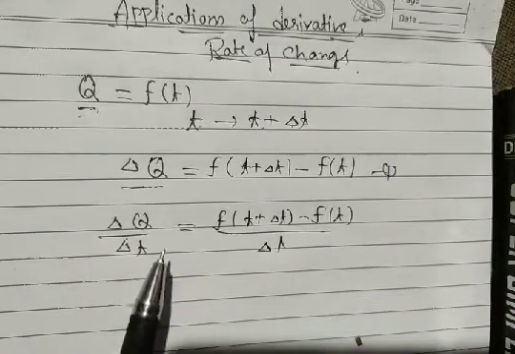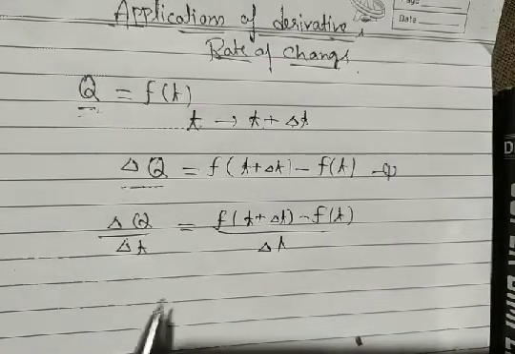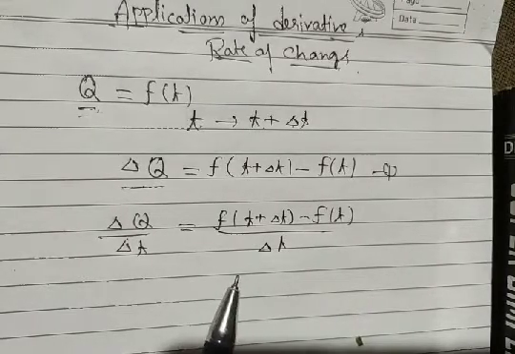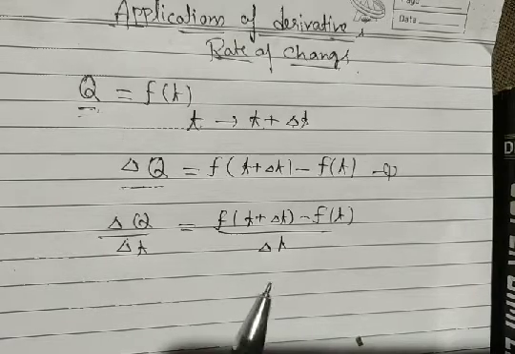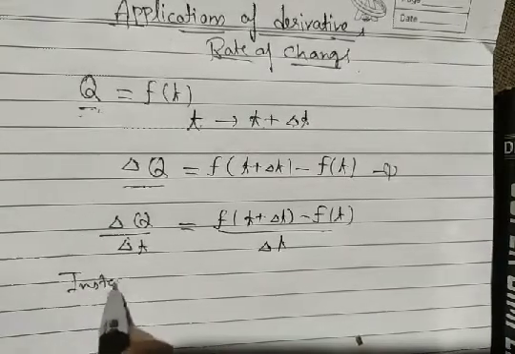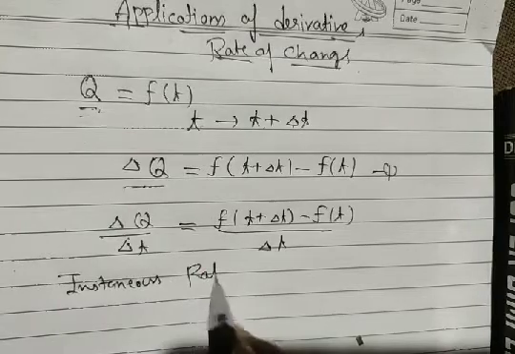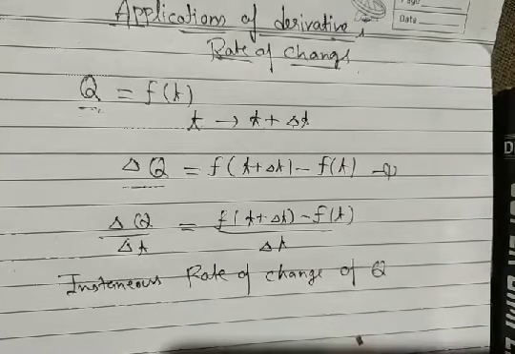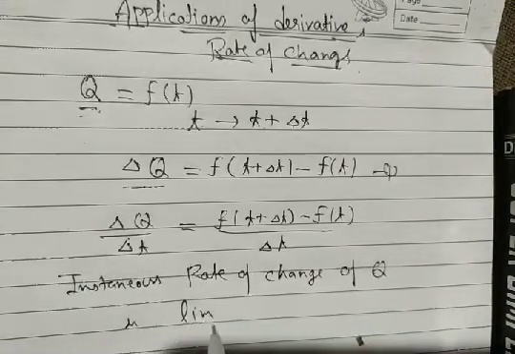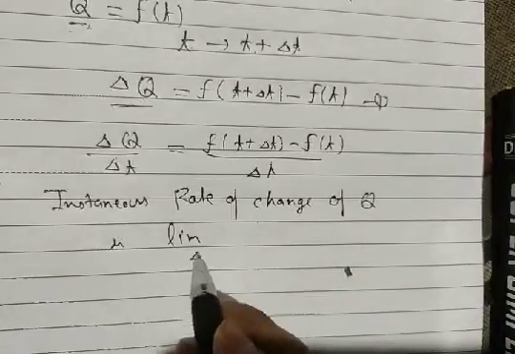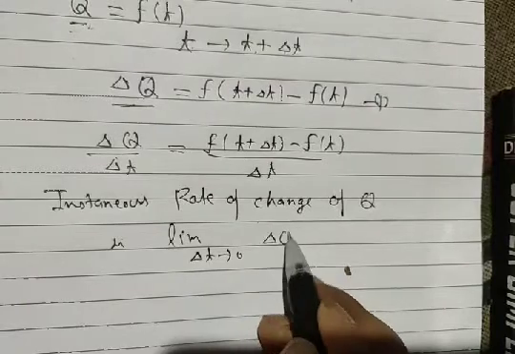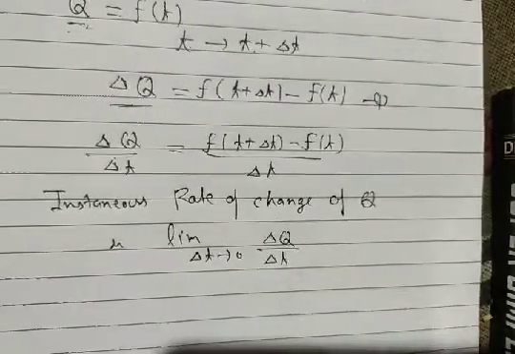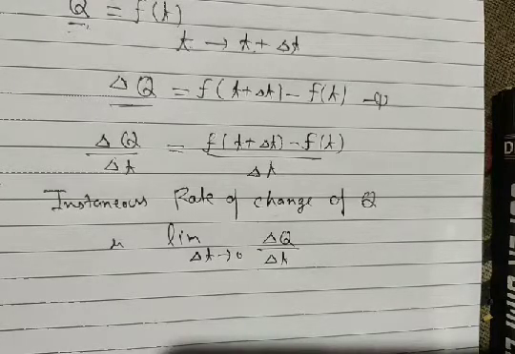Now we define the instantaneous rate of change of q per unit of time as the limit of this average rate as delta t tends to 0.